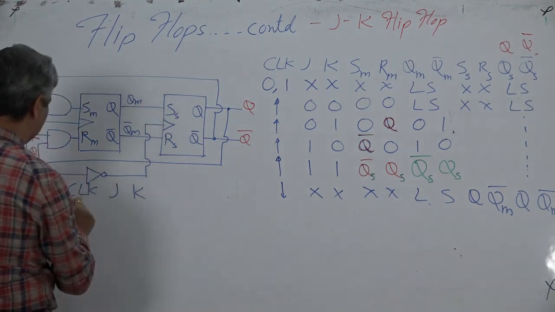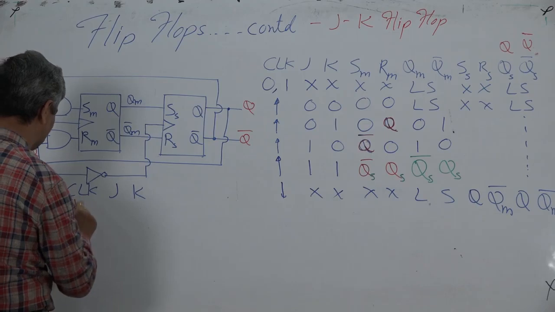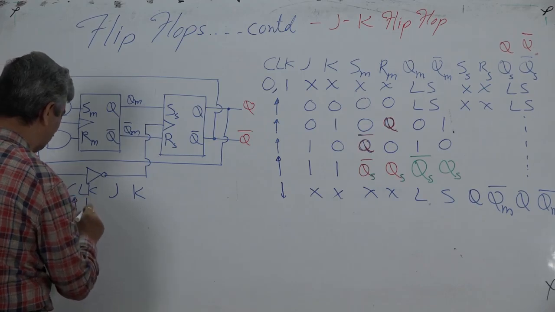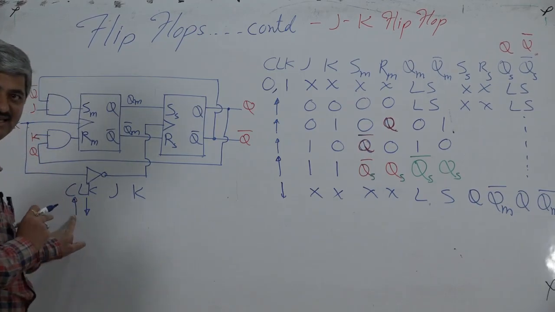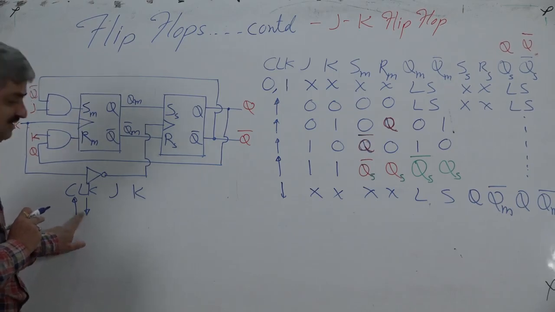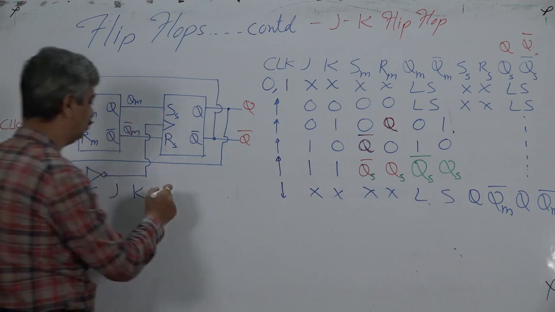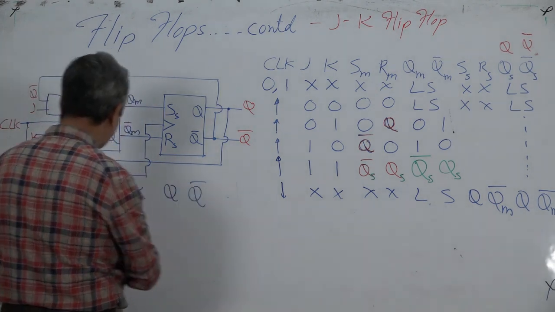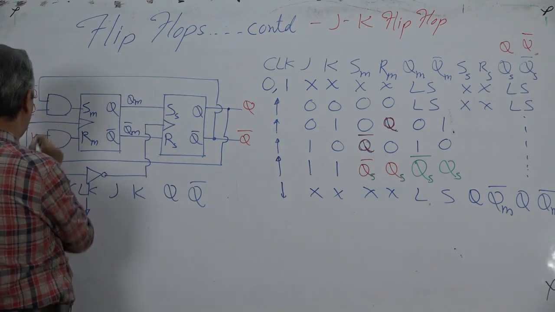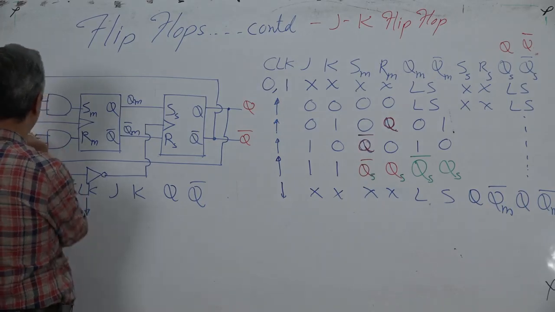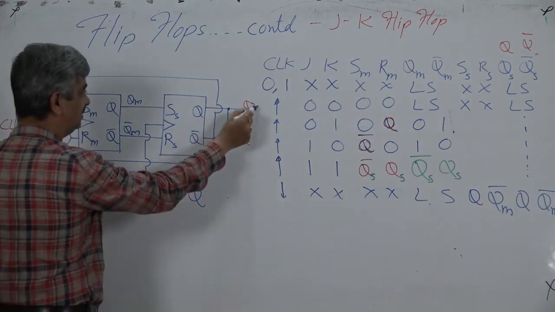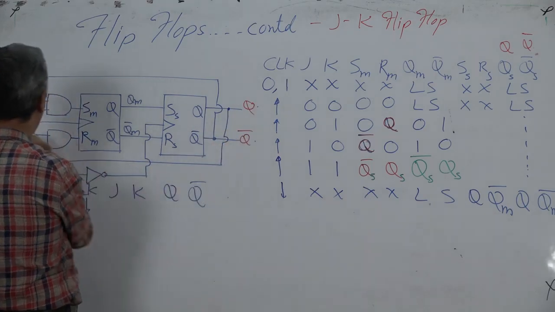So a rising edge and subsequent falling edge: J and K at the time of rising edge decide the overall Q and Q bar at this falling edge.